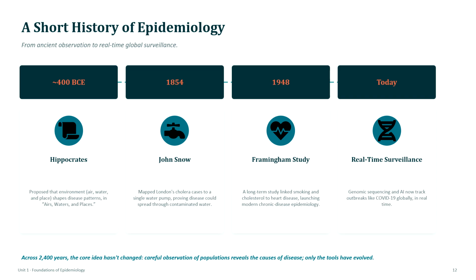And today, we have entered an era of genomic sequencing and AI-powered surveillance capable of tracking a pathogen's spread across the entire globe in near real time, as we saw vividly during COVID-19. The tools have transformed completely, but notice the through line. Careful, systematic observation of populations has always been how we uncover the causes of diseases.